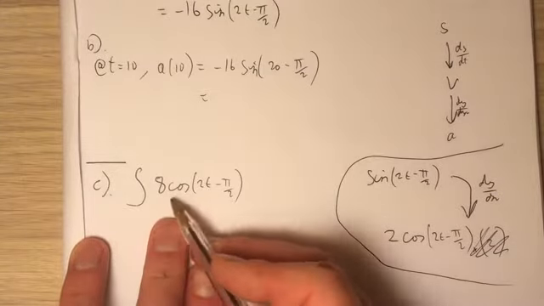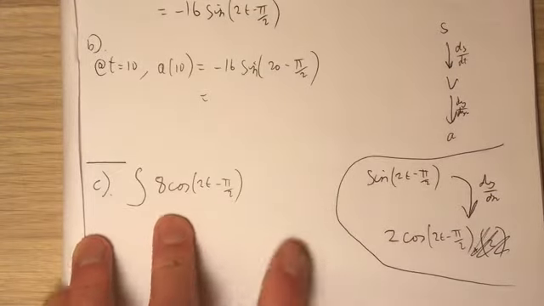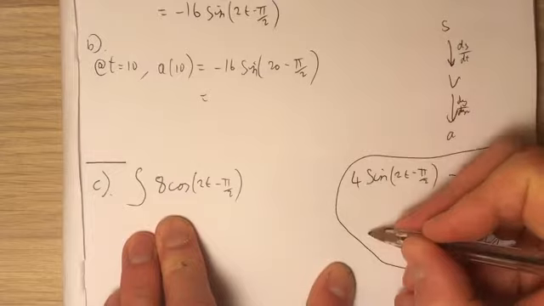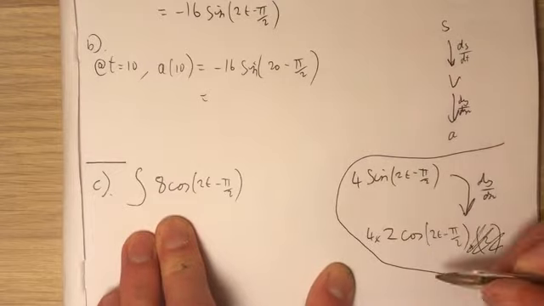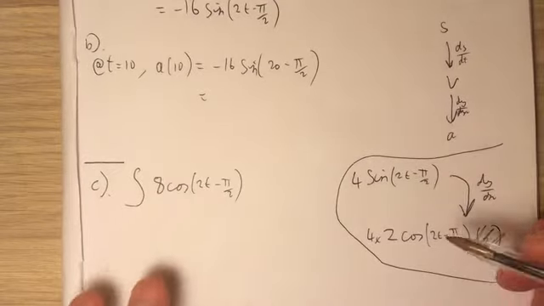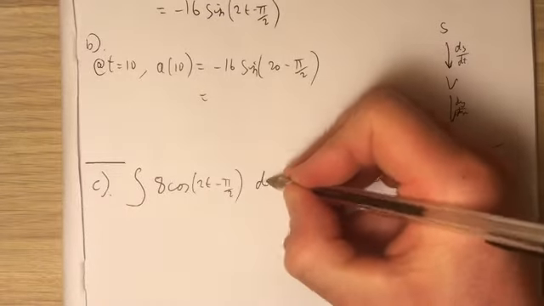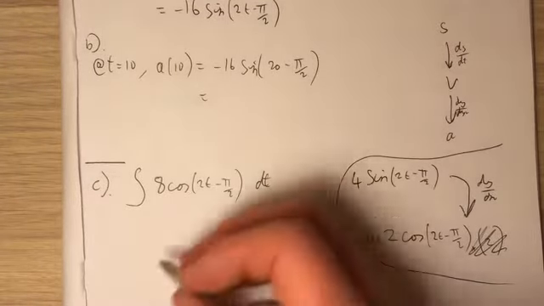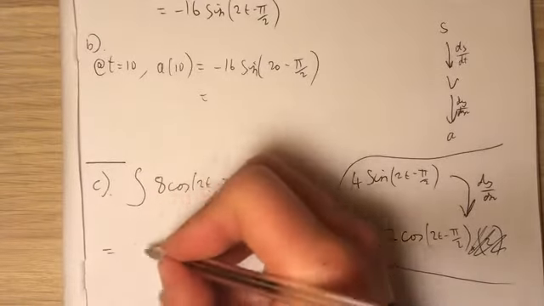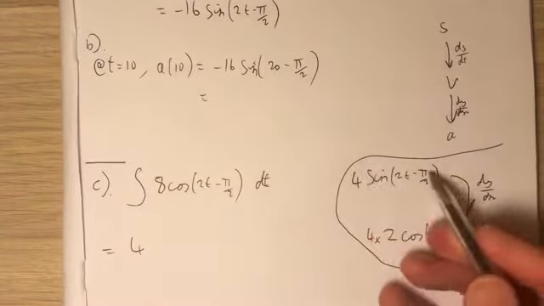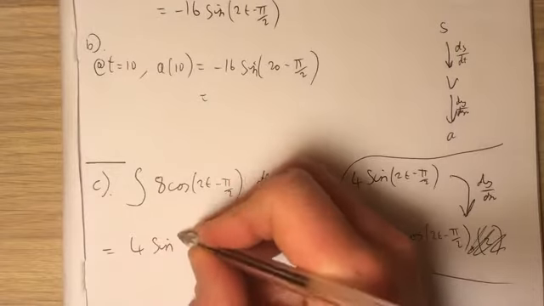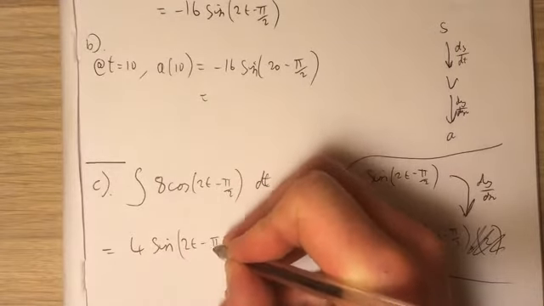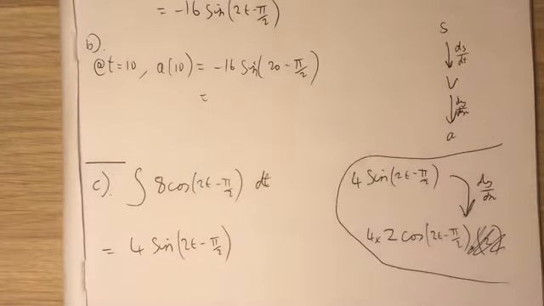Now I wanted to have 8 of them. So what am I going to do? I'm going to put a 4 there, and that gives me what I wanted. So when I integrate this, with respect to t, what am I going to get? 4 sine of (2t minus pi over 2).